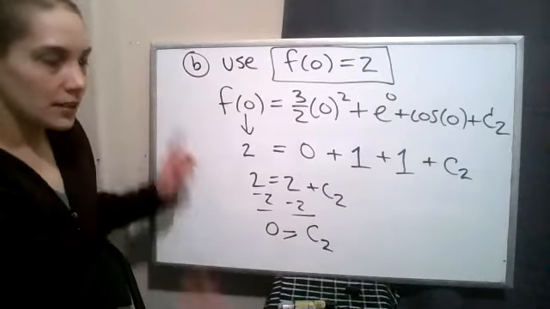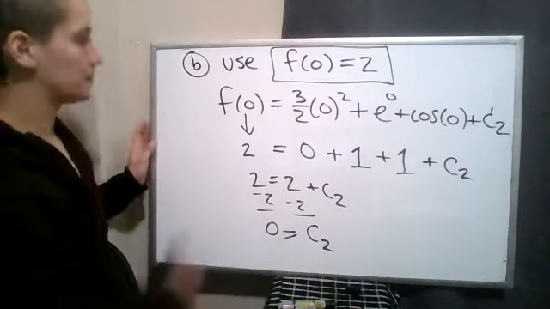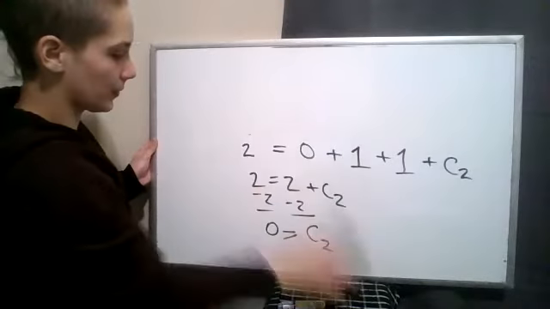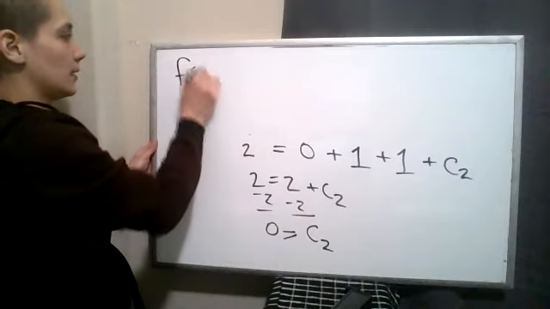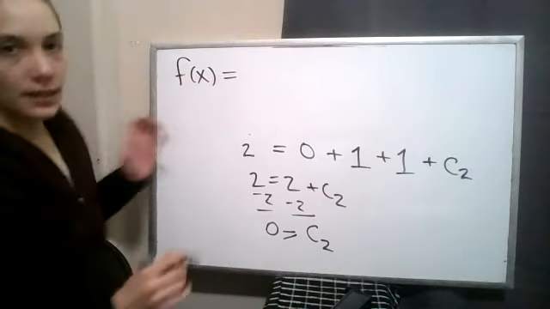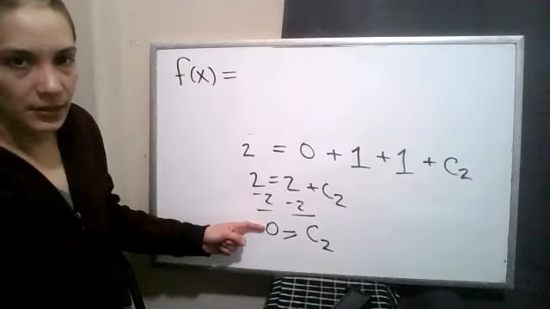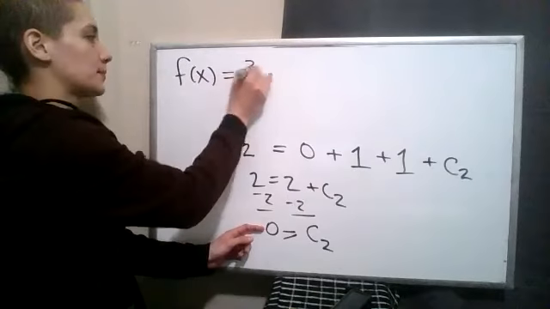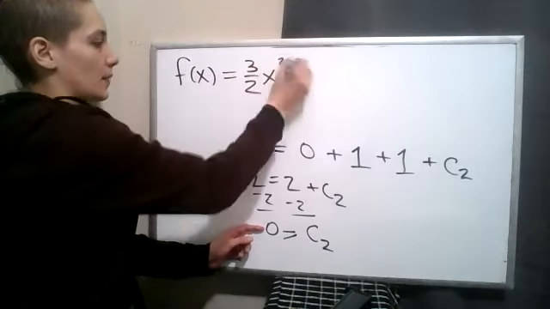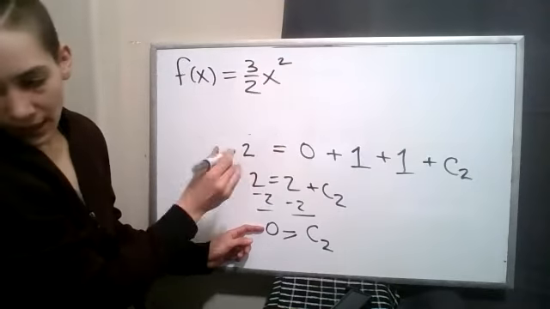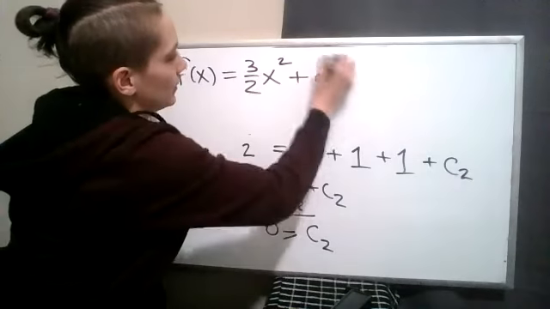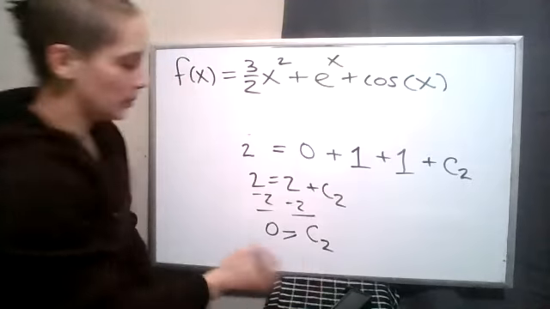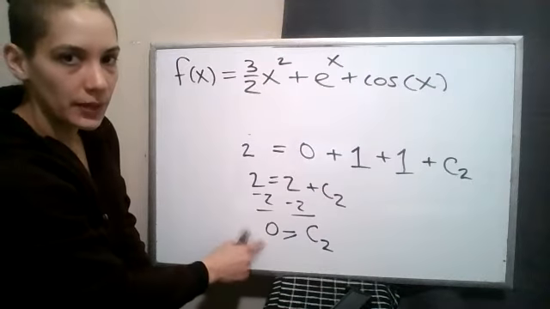We finally reached the function f of x, with c sub 2 equal to 0: 3/2 x squared plus e to the x plus cosine of x, and then there's a plus 0 at the end, which we don't need to write.